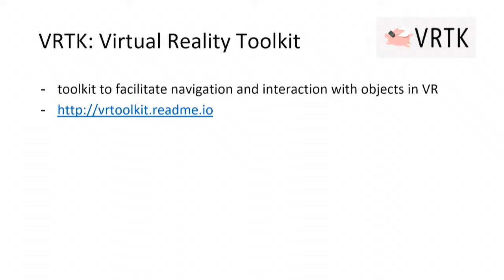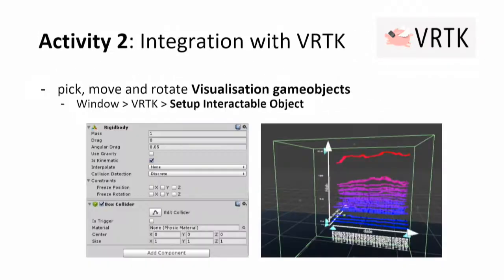But also, he redeveloped all the default virtual reality interactions that you can leverage in a virtual environment to explore your data. And we're going to do a mini activity now.